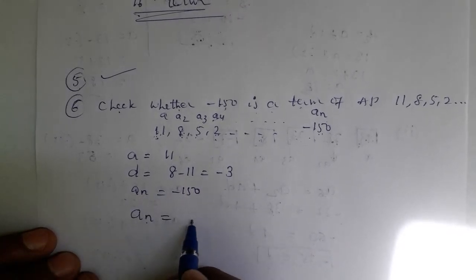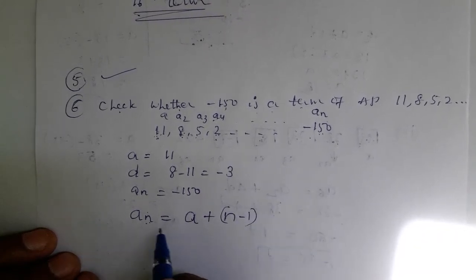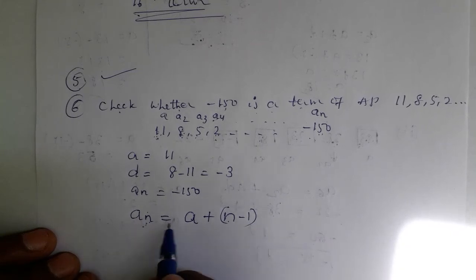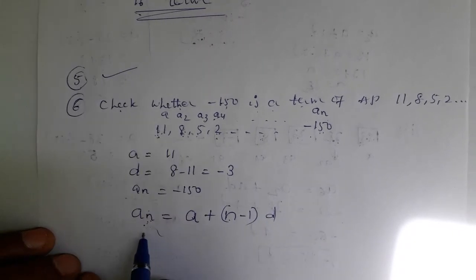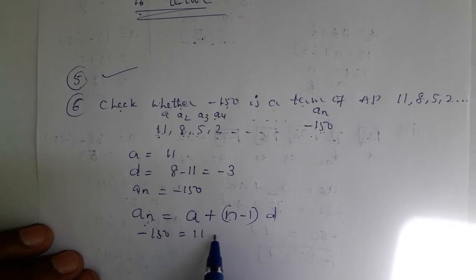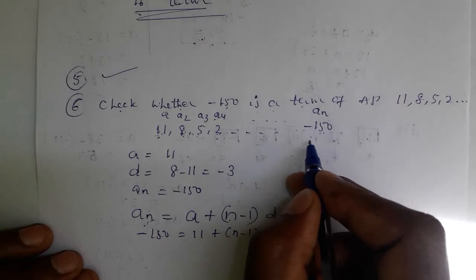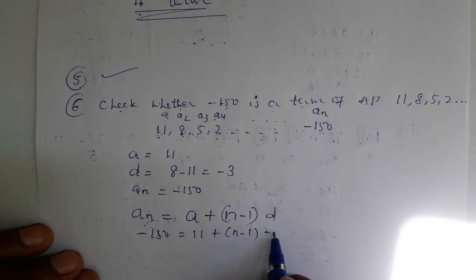We write the formula an. How to write the an formula? an is a plus taking how many jumps? n minus 1 jumps. Here 6 is there, 5 jumps. Here n is there, n minus 1 jumps. an is minus 150 equals a, 11, plus n minus 1, where n is unknown because n is the position of minus 150. The difference is minus 3.